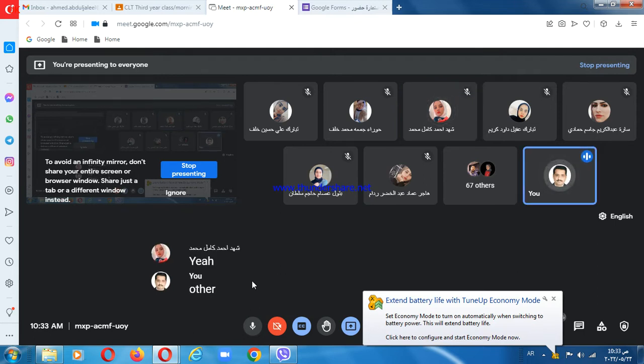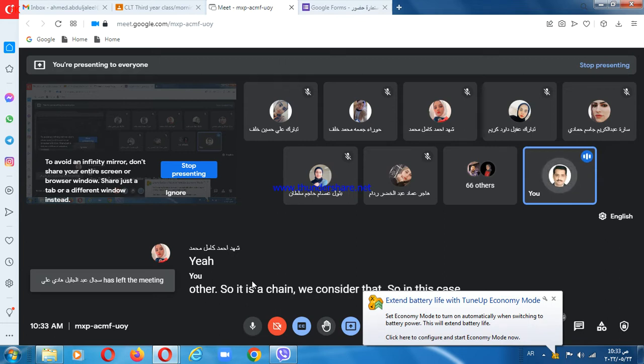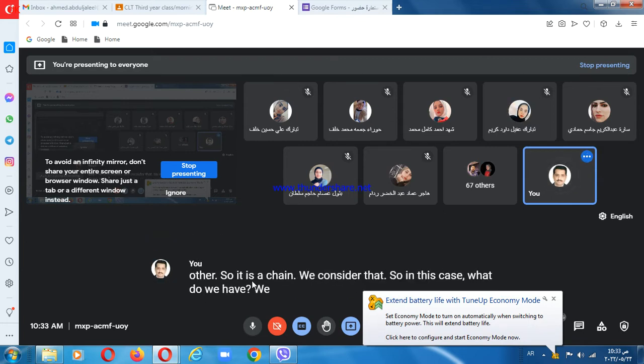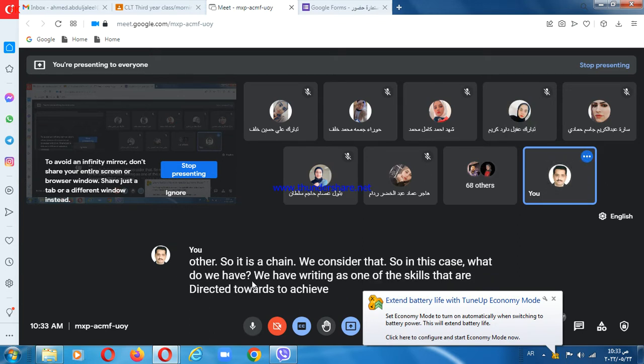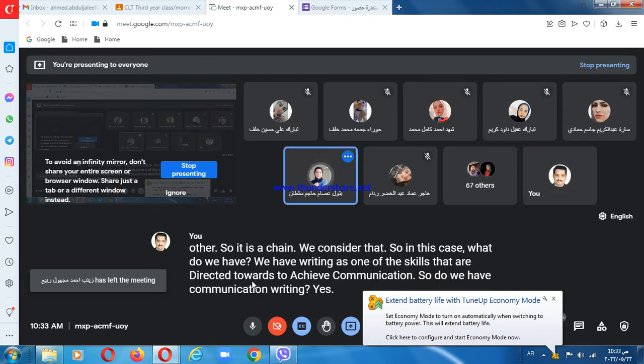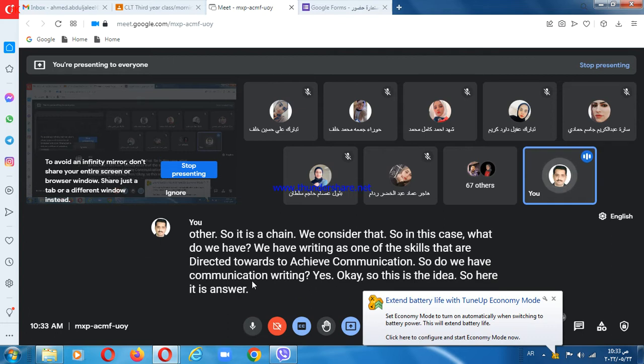It is a chain, if we consider. Writing is one of the skills that are directed to achieve communication. So do we have communication in writing? Yes. It is inseparable from the other skills that are aiming to communicate.